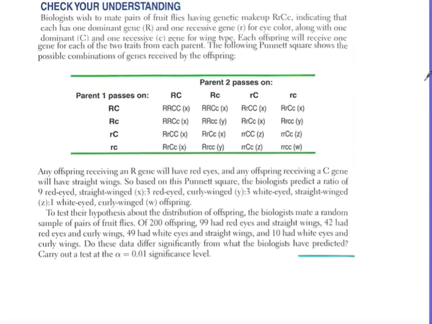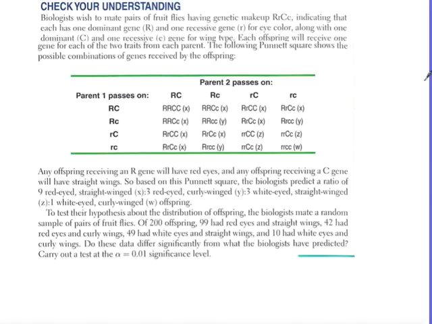All right, the next example has to do with biology. So biologists wish to mate pairs of fruit flies having genetic makeup dominant R, recessive r, dominant C, recessive c, indicating that each has one dominant gene R and one recessive gene, lowercase r, for eye color, along with one dominant C and one recessive c gene for wing types.